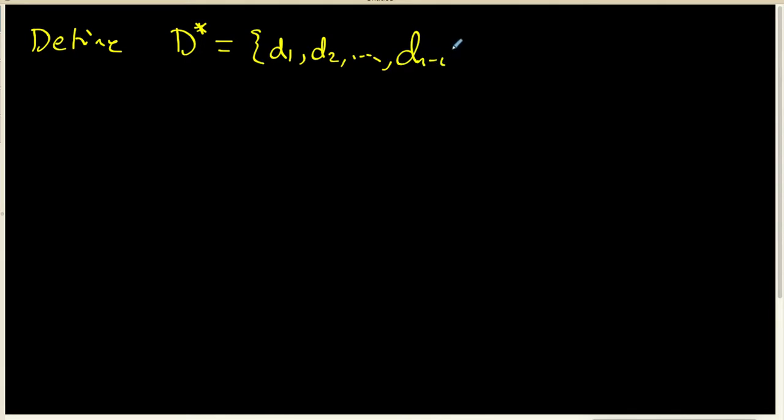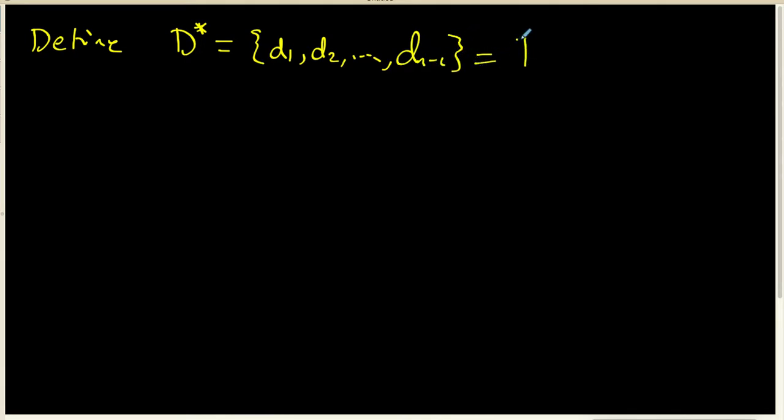And so what we're going to do is make use of the following thing. We're going to first of all define a set, simply because I don't want to keep writing the set out all of the time. D star is going to be d1, d2 down through dn minus 1.